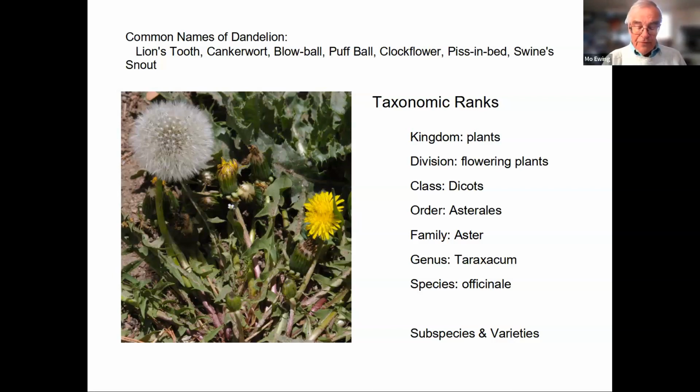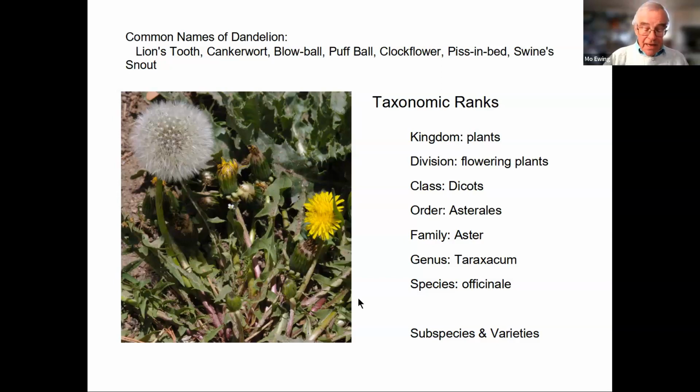In 15th century medieval Latin, it was called the lion's tooth, and that was probably because of the shape of the leaves that you can see right in here, kind of shaped like a lion's tooth. In late Middle English, it was called cankerwort.